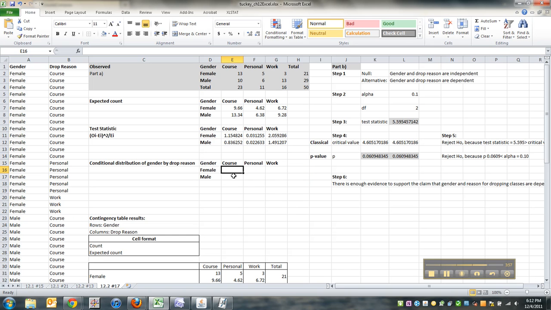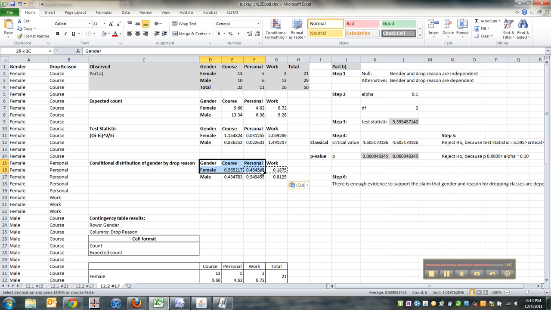Okay, so we are going to do 13 divided by 23, with dollar signs, and then drag it down, and then do it again. All right, I'm going to fill it in. There they are. I just did dollar signs for the bottom totals, and then I dragged them across.